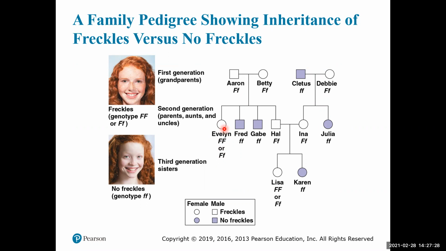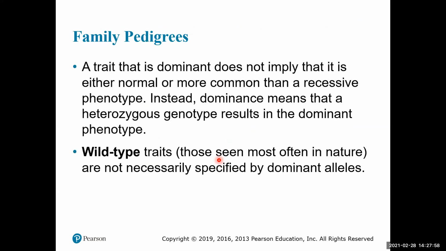If her children did not have freckles, then she would be heterozygous. If all of her children have freckles, then it's most likely she's homozygous dominant. And so we would have to kind of follow her life to get that information to determine her genotype for that character. And so we can use that information to build pedigrees of family trees to see how these alleles are being passed.